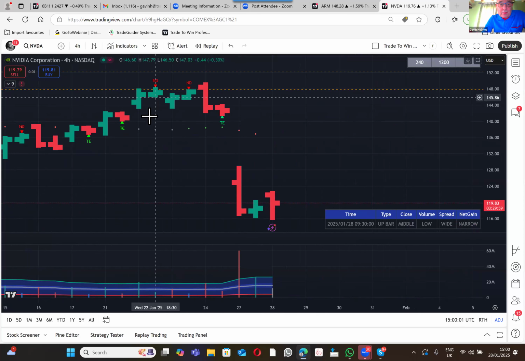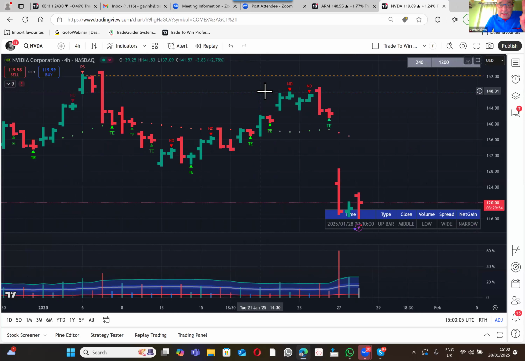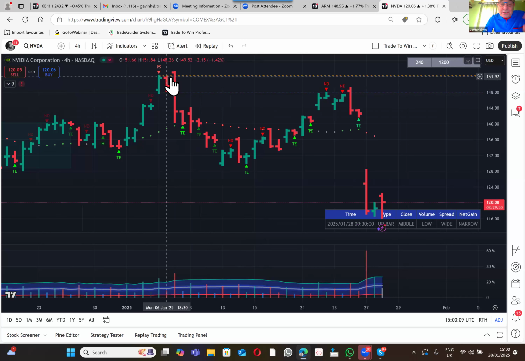You've got no demand after it. Here, ND. But I'm showing you one chart here with just VSA. I'm not even using SMI. I'm just showing you sellers happen on up bars when news appears to be good. Donald Trump's got in. He loves, well, whatever.